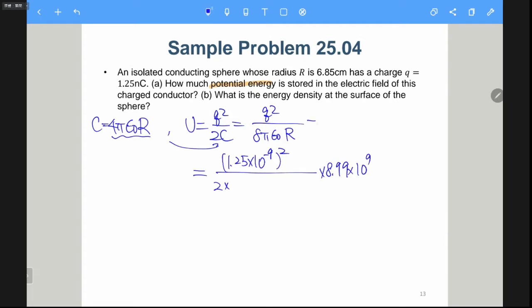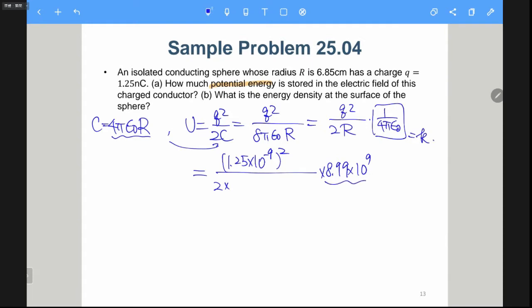Or we can simply write it as Q squared over 2R times 1 over 4 pi epsilon naught, and this is K.